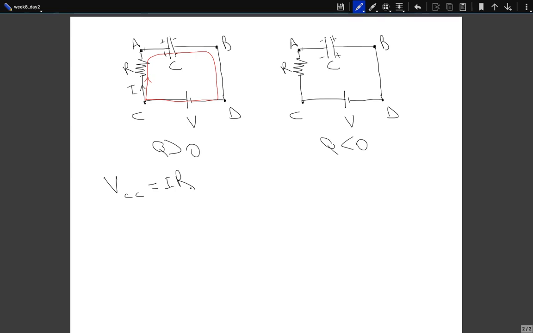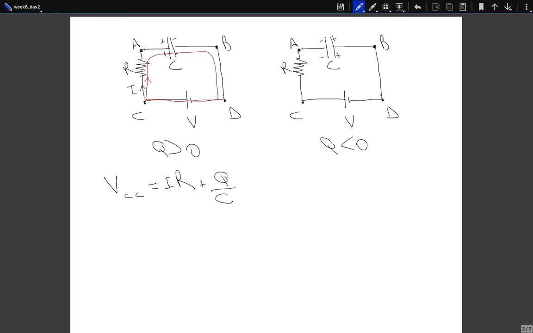It's Q over C. If the charge is positive, then the point A is attached to the positive plate, and point B is attached to the negative plate. So if Q is positive, there is a potential drop of Q over C. But it will also be true if the charge was negative.